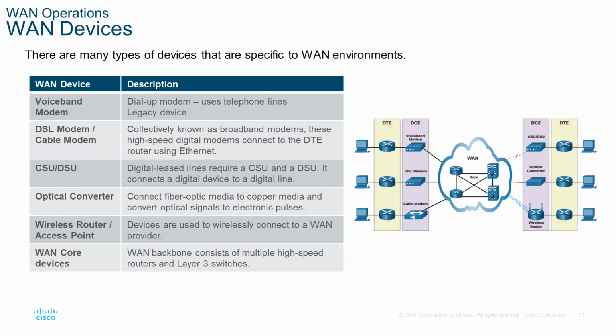Then you have the various routers and access devices, such as wireless routers or access points, and then you have the actual core WAN devices. These are generally multiple high-speed routers or fast big layer 3 switches.